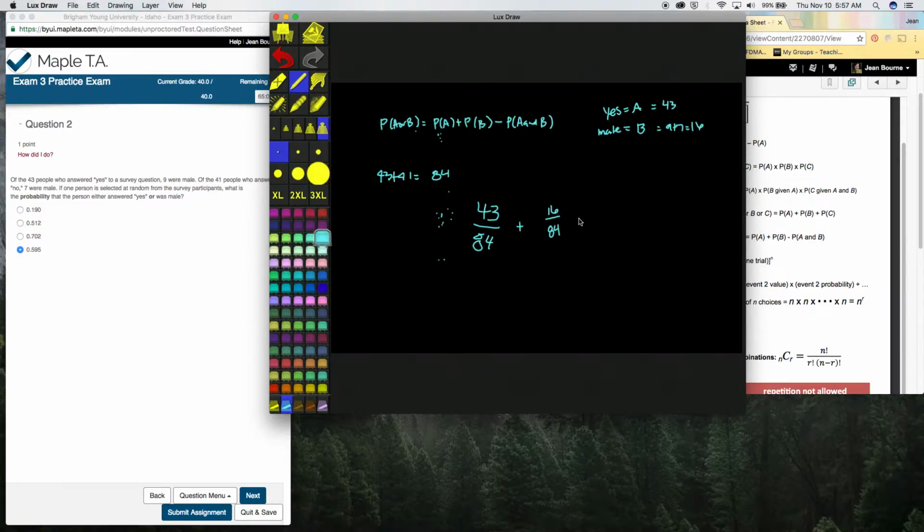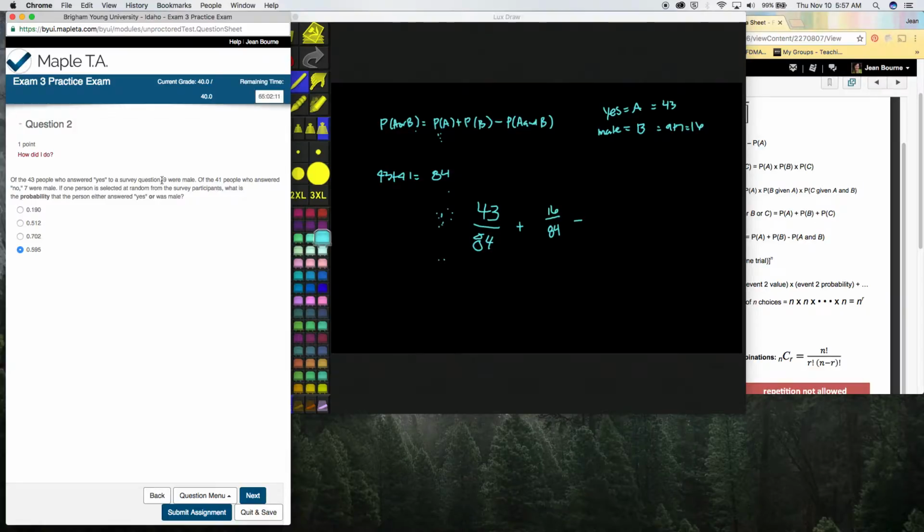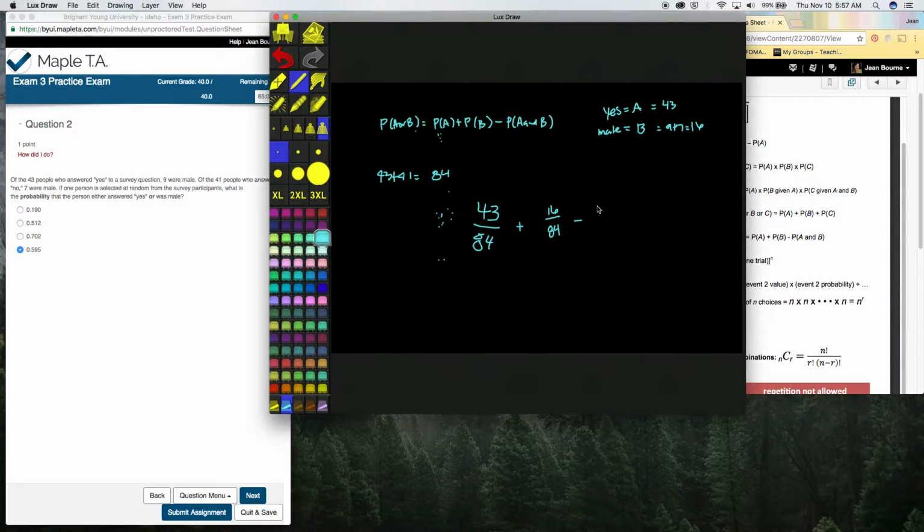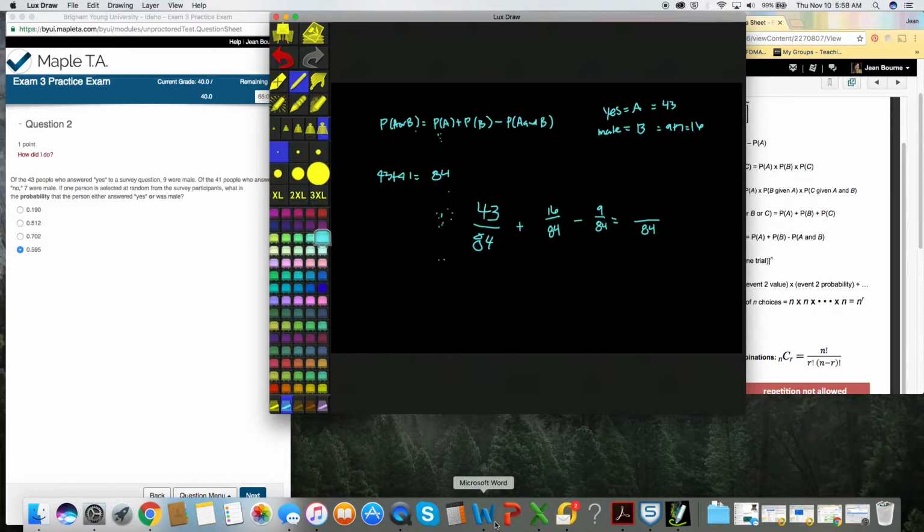And then we're going to subtract the probability of someone being male and answering yes. Well, that's our first thing right here, that of the yes, 9 were male. So that's going to be minus 9 over 84. Okay, so I have a common denominator of 84, which means I just have to work with the top.